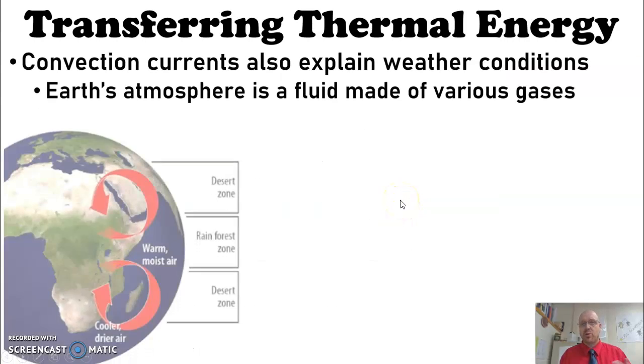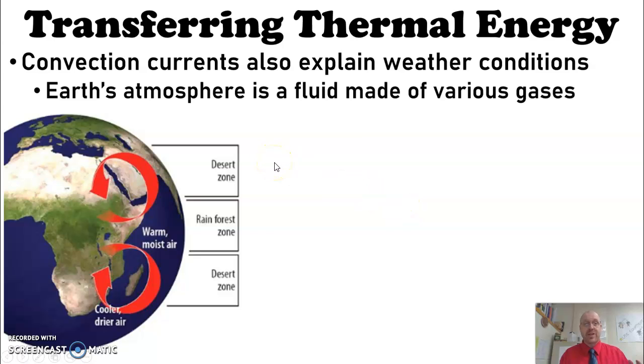Convection currents also explain weather conditions. We think about the Earth's atmosphere as actually a fluid made of various gases, and thermal energy from the equator rises up into the air and then floats over, and we have this cycle, which is why on both sides of the rainforest zones there tend to be deserts, both in Africa, Europe area, also in South America, because of the cooler, dry air that falls.